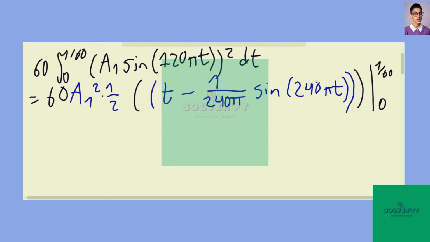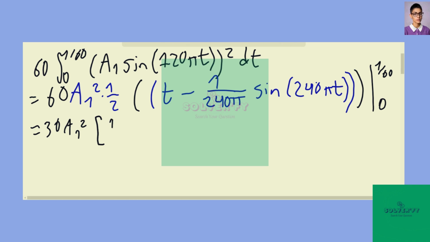So we're just going to first sub in 1 over 60 into this part. We can multiply the half by the 60 right now, so that would be 30a1 squared. Now first we're going to sub in 1 over 60.